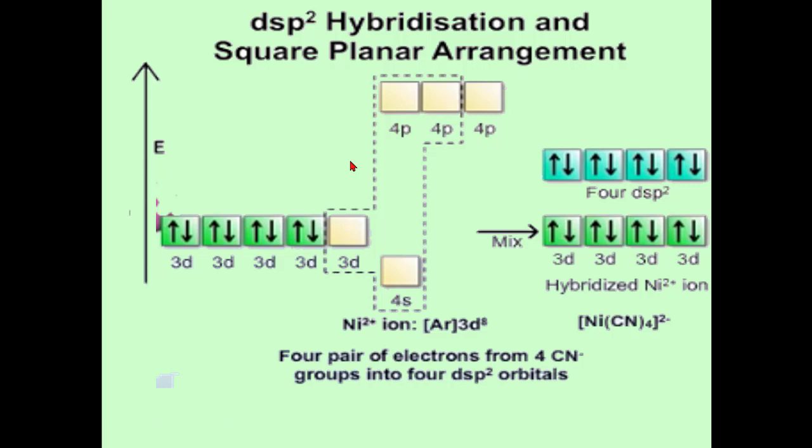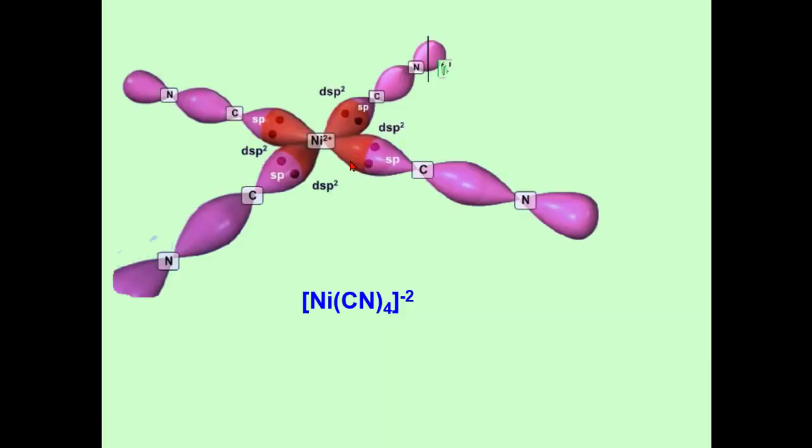So let's see the 3D geometrical shape. This is basically a 3D geometrical shape of nickel cyanide. Here you may see there is a nickel which lies on the plane in square planar form, and these are from each side.